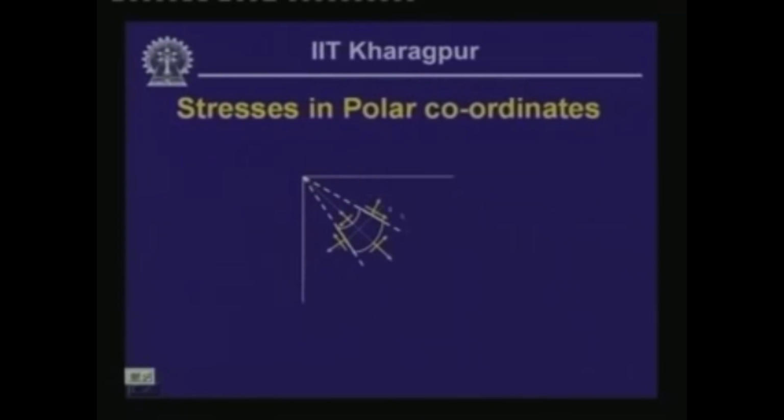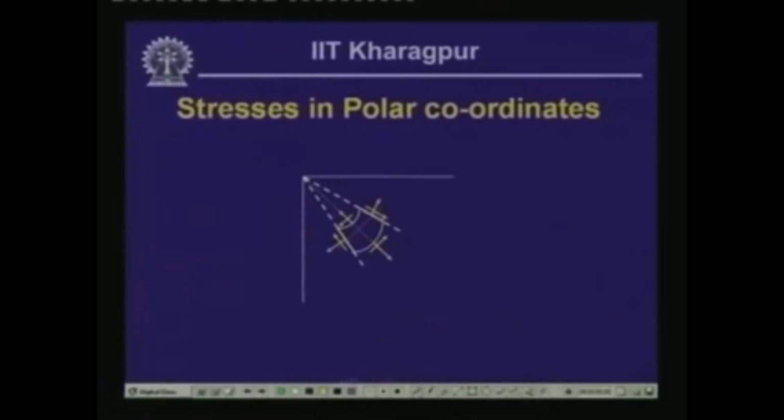Here I have tried to represent the state of stress at a particular point in a stressed body, and as we have designated, the stress acting normal to the r plane, let us call that sigma r. Let us assume that this particular distance is dr.